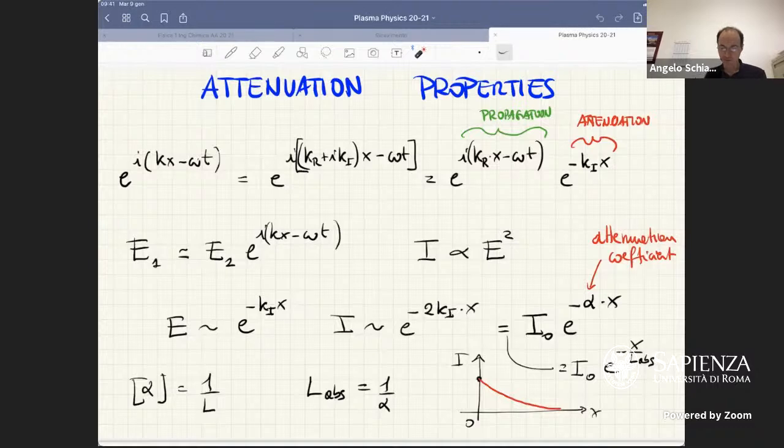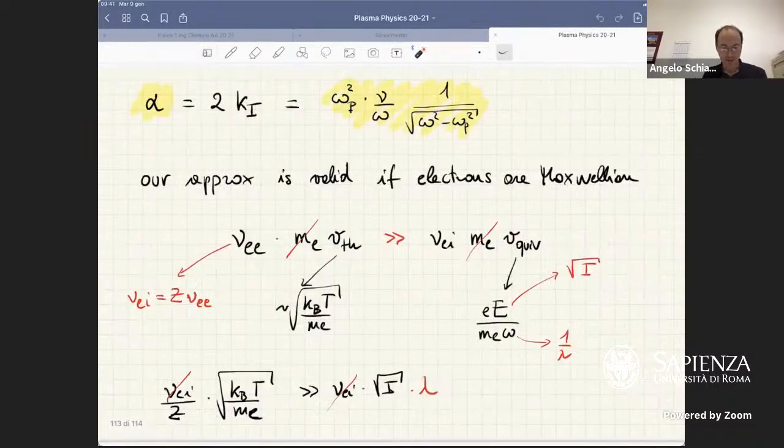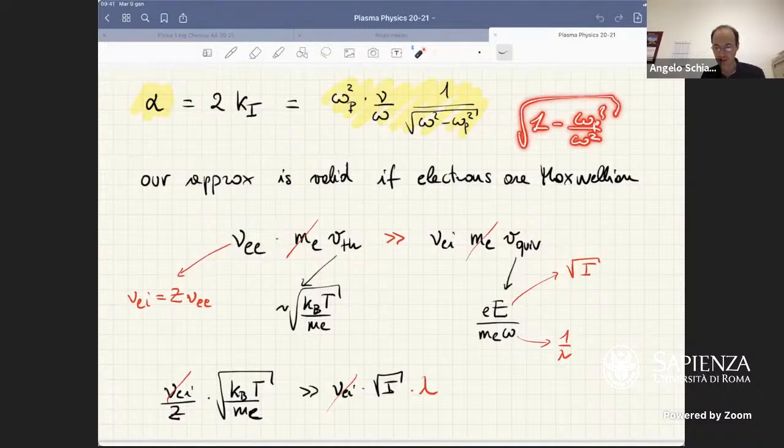So we have identified alpha as 2Ki, and we discover that this is linked to the plasma frequency of the wave. Then this down here is related to the refractive index. As you might see, this can be expressed as 1 minus omega p over omega squared, and this is linked to mu, to the refractive index that we did analyze during the last lecture.